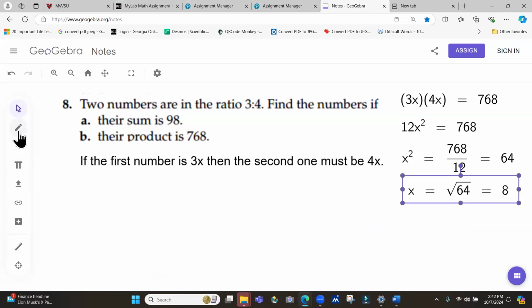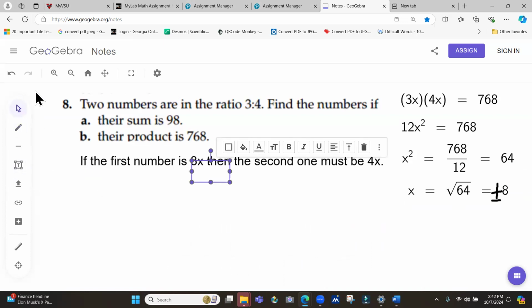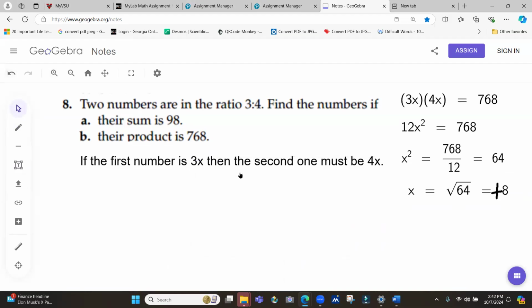I'm going to write it as follows. Remember, it was 3x, and x is plus or minus 8.